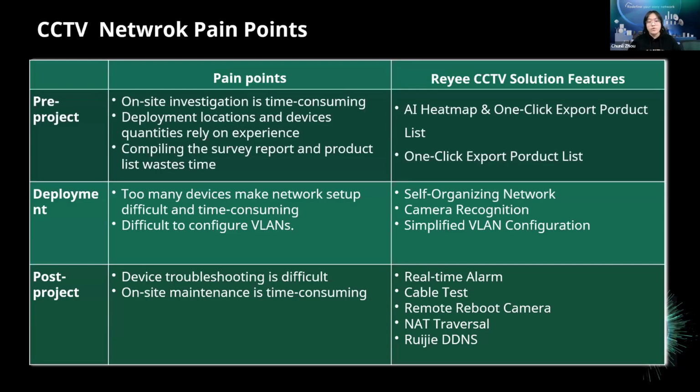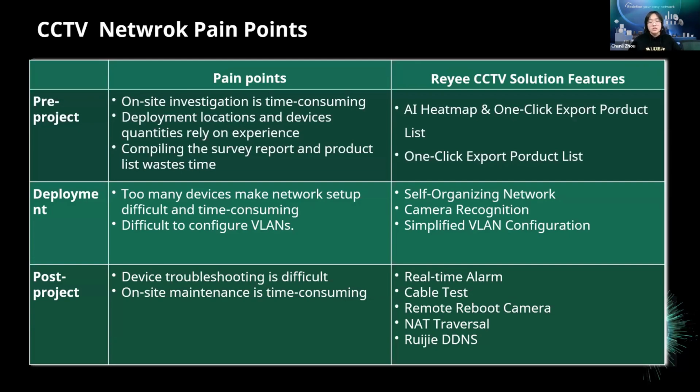In the pre-project stage, installers need to do an on-site survey, right? In order to determine where the IPC and the AP should be located. It is time-consuming, and the device units or locations rely highly on the experience of installers.